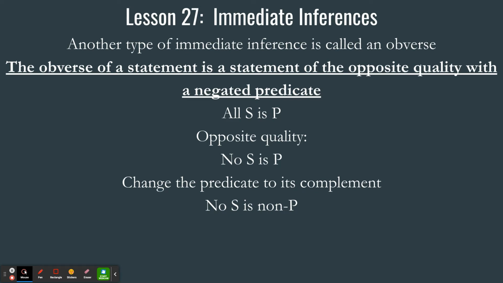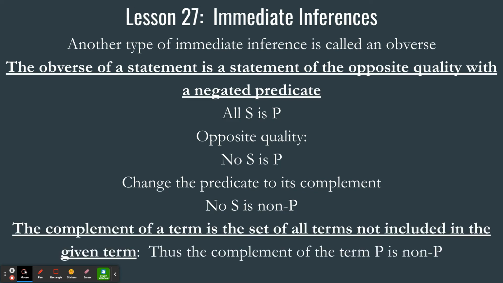And as I say the word complement, you might think, well, what's a complement? Well, I got you covered. The complement of a term is the set of all terms not included in the given term. So when I talk about fruit, if I said P equals fruit, what is the extension of the term fruit? What is included under the term fruit? Banana.